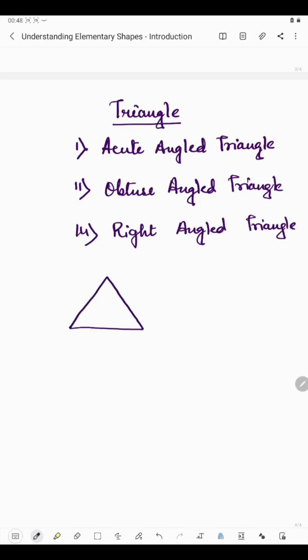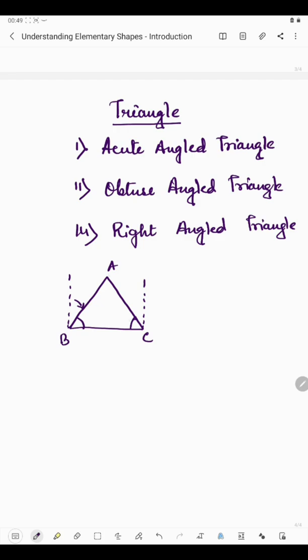Suppose I draw a triangle like this and name it A, B and C. Now here angle B is an acute angle. Why? Because this is 90 degrees and this is less than 90 degrees, so angle B is an acute angle. Now angle C is also less than 90 degrees, so angle C is also an acute angle.